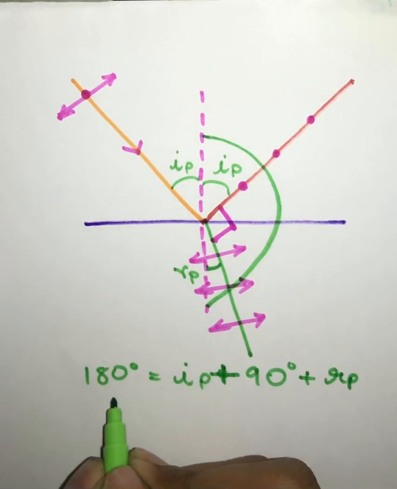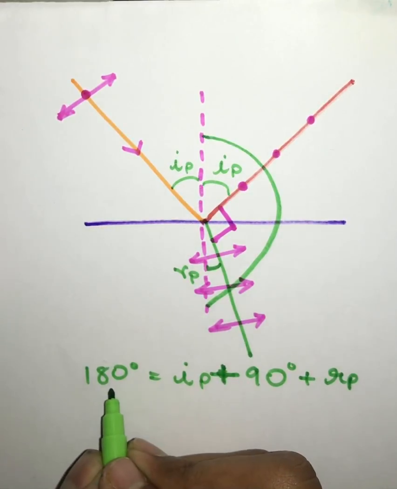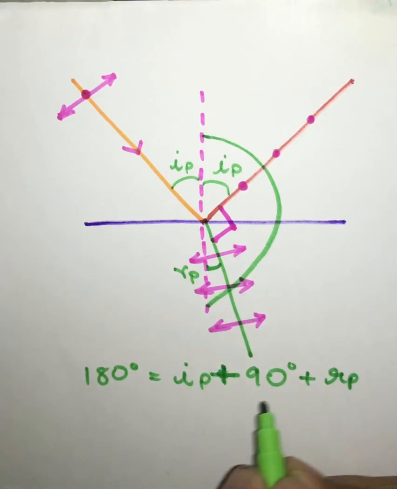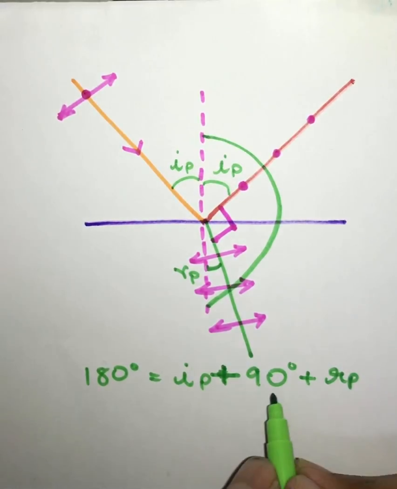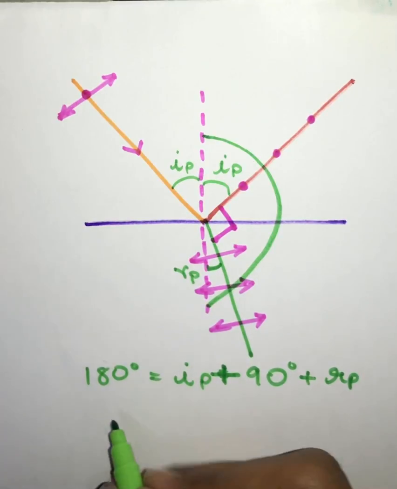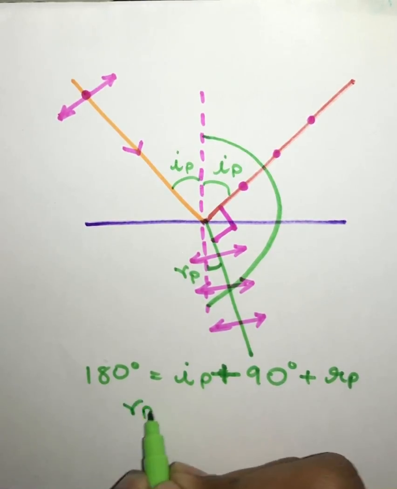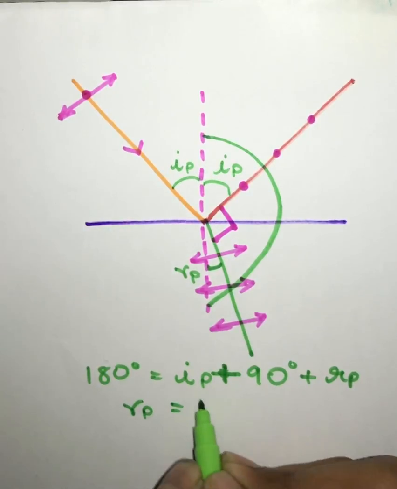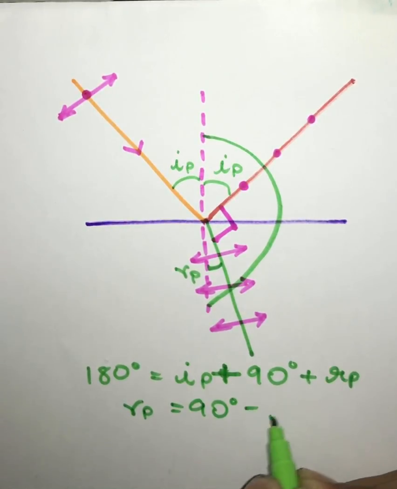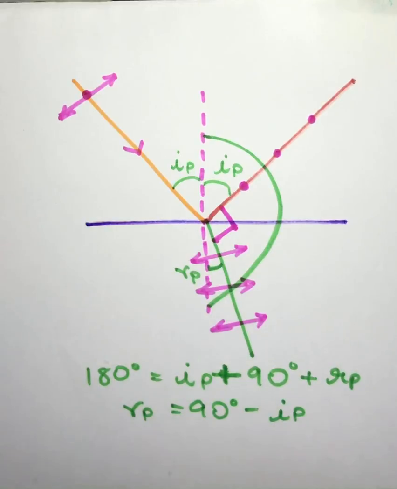So over here we get one equation, that is the 180 degree angle is formed by IP plus 90 degrees plus RP. Now from this, if you take IP and RP on this side, what we get is that RP is nothing but equal to 90 degrees minus IP. So this is the angle of refraction which we have got.